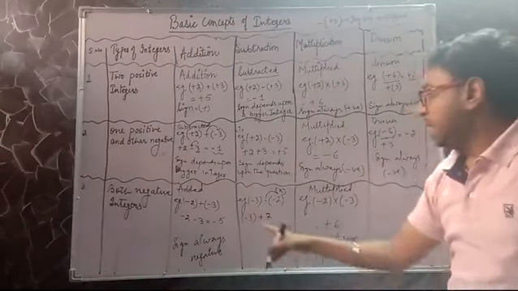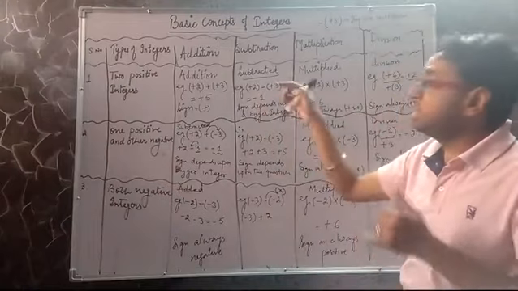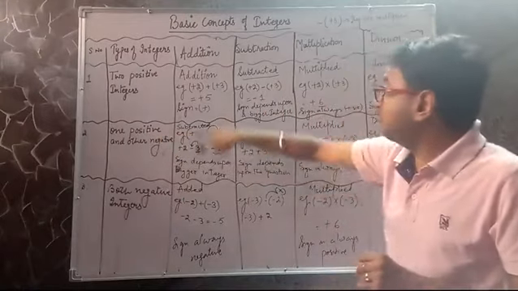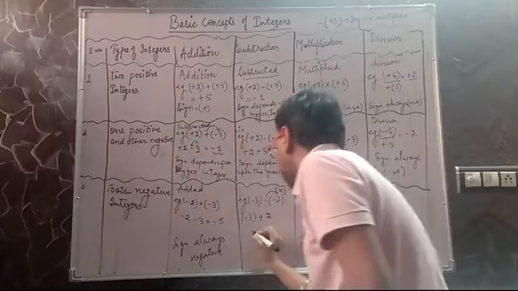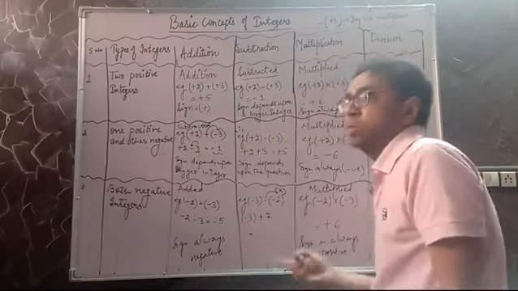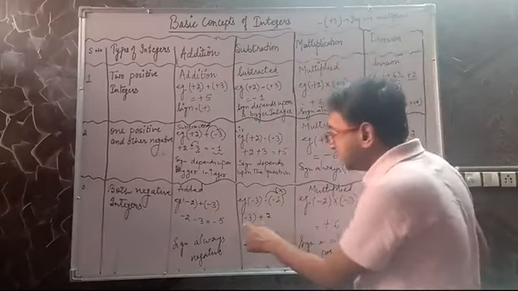Again the situation. What is plus minus? Same situation. If one positive and one negative, again we will subtract. So 3 minus 2. What is the answer? 1. Clear? Because one positive, one negative.